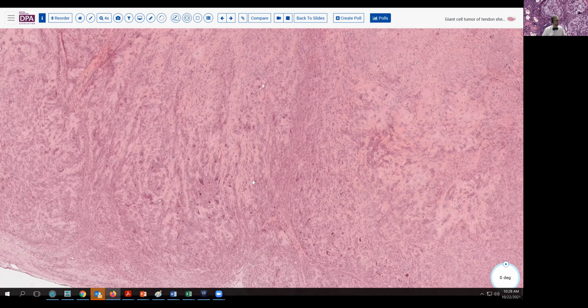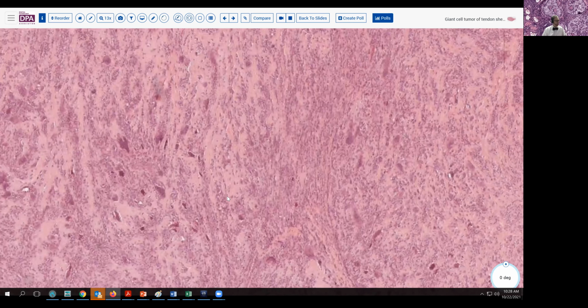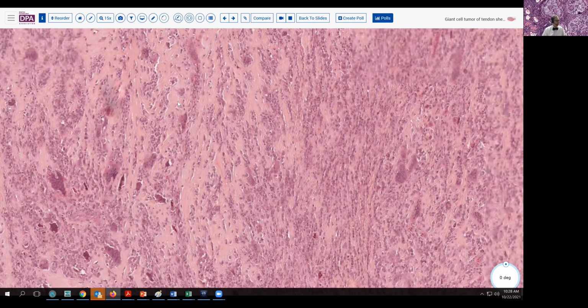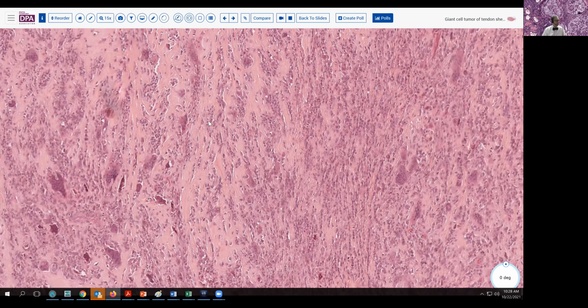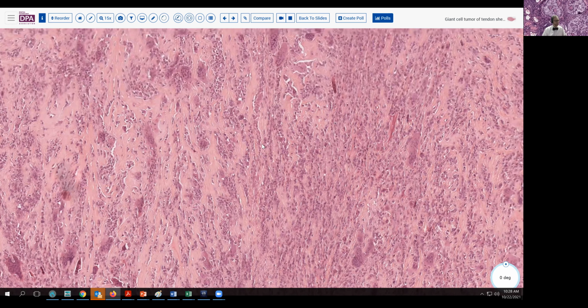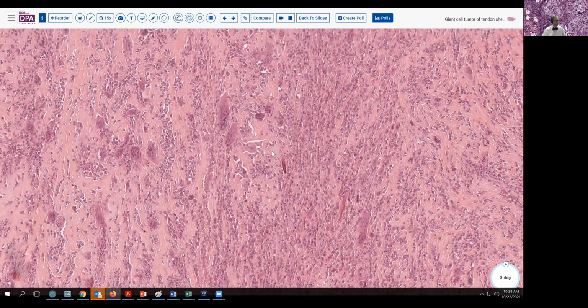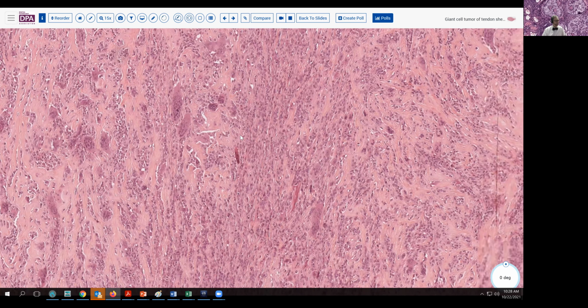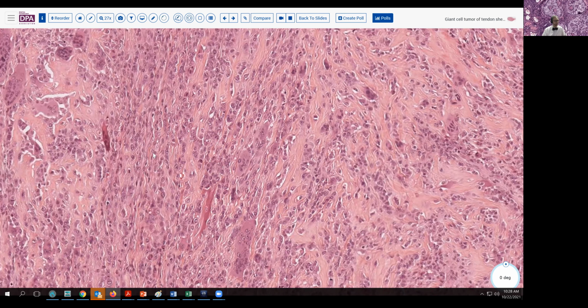Now in this lesion, notice how the sclerosis is, as I indicated, almost osteoid-like. And so with giant cells in a sclerotic pattern like this, you might begin to be concerned for an osteogenic lesion and worry about a so-called osteochondroid synovial change. But I think as you look a little further, you recognize that this is more characteristic of a giant cell tenosynovitis or giant cell tumor of tendon sheath.